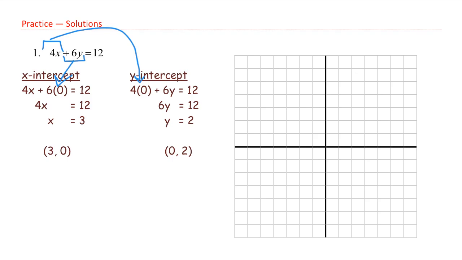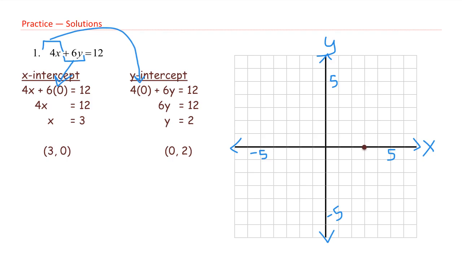Now it's time to plot these intercepts and use those to help us graph the equation. Before I graph this equation, I need to label the axes on my grid. There's the x-axis and there's the y-axis. And I also need to put some numbers on. There we go. And now that I've got a coordinate plane to use, it's time to graph the x-intercept, which is 3, 0.